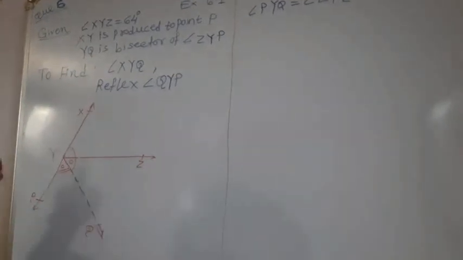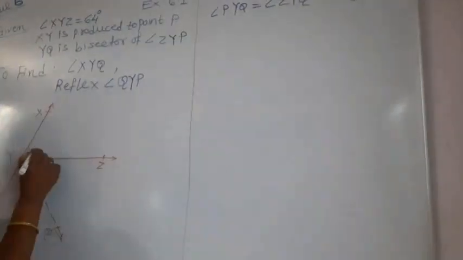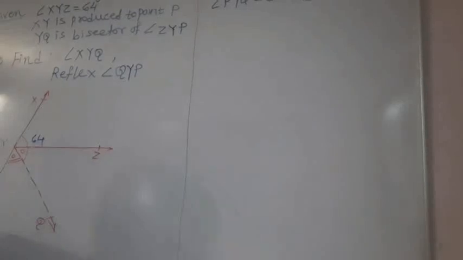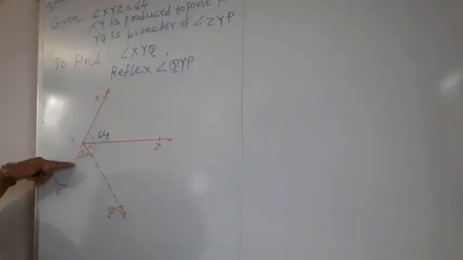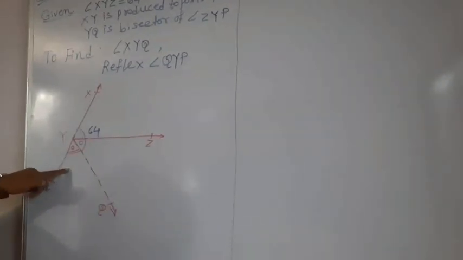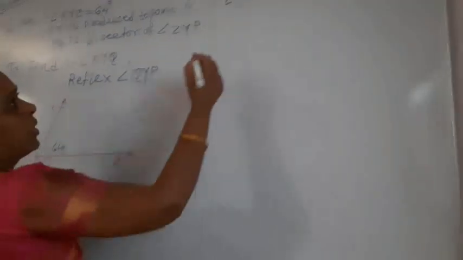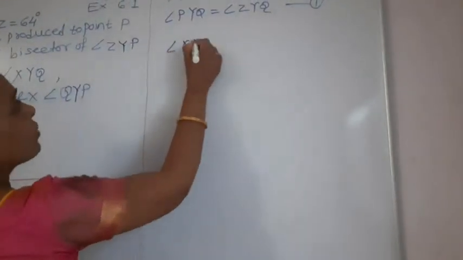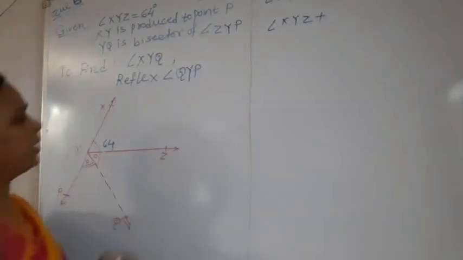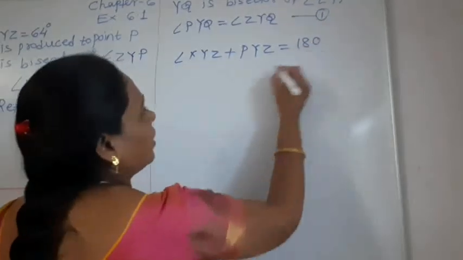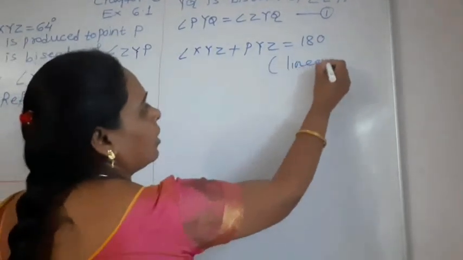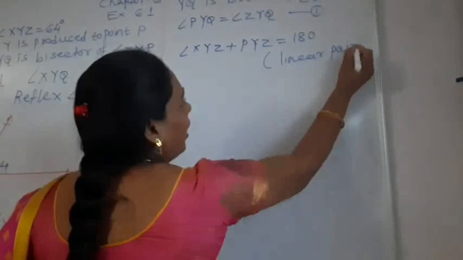Now here the measure of one angle is given. XYZ is 64 here. Now XP is a line, and all these angles are in linear pair. All these three angles are in linear pair, and here we can consider angle XYZ plus angle PYZ is equal to 180 degrees. Give the reason, linear pair angles.